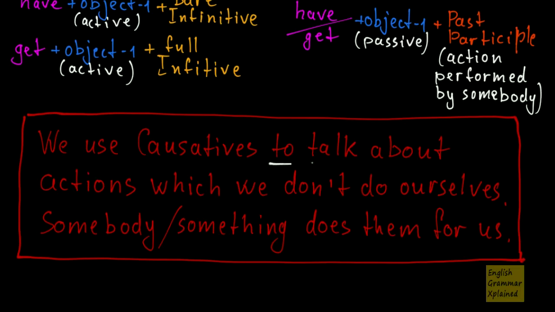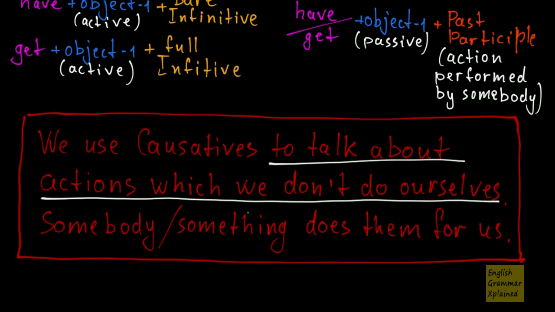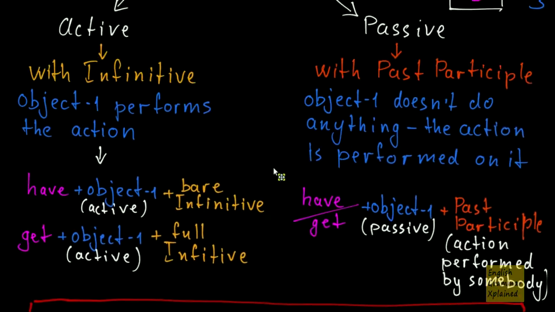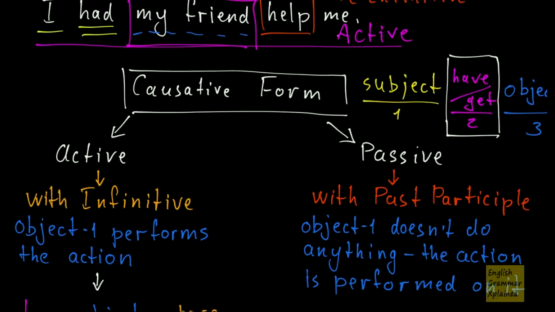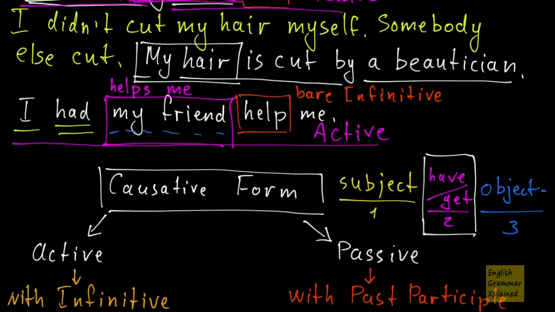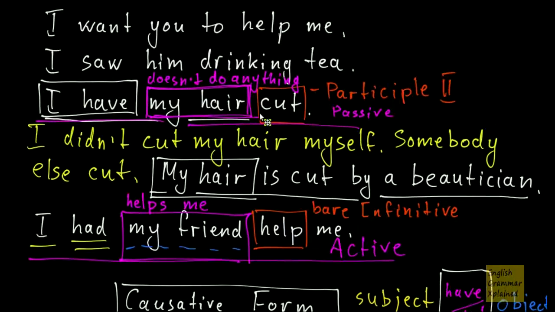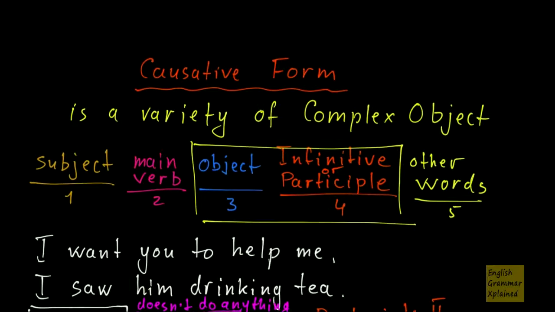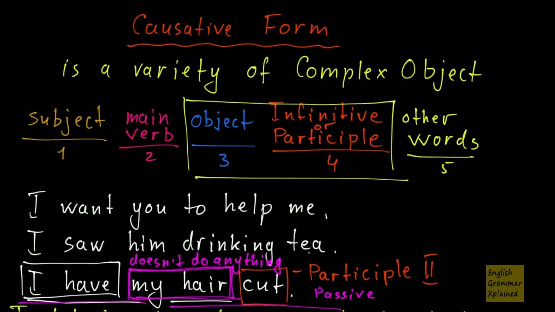We use causatives to talk about actions which we don't do ourselves. That's very important. So, sometimes causative form is called just some kind of passive voice. Well, maybe it's a kind of passive voice, but anyway, it is also a kind of complex object. That's important to remember. And this is it.